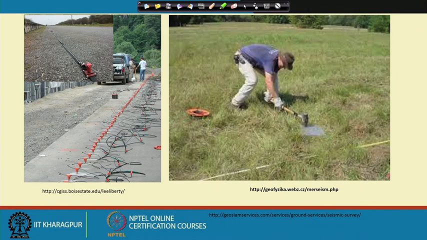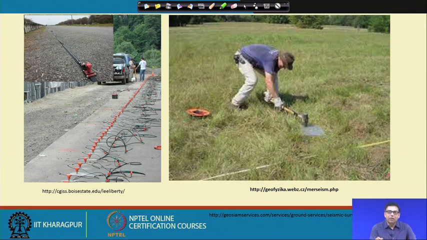Generally, this is the common technique we use: this is a plate where we are placing a hammer in this way, and these are the geophones which are placed at certain intervals. These geophones are recording the time required for the wave to travel from the source to the receiver, the geophone. So, they are basically measuring this time.